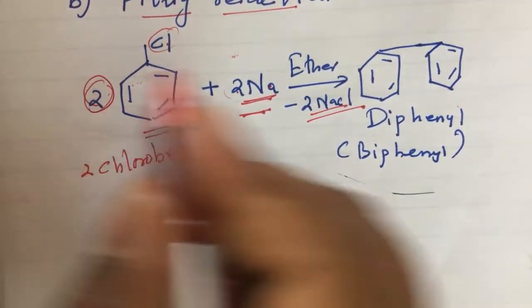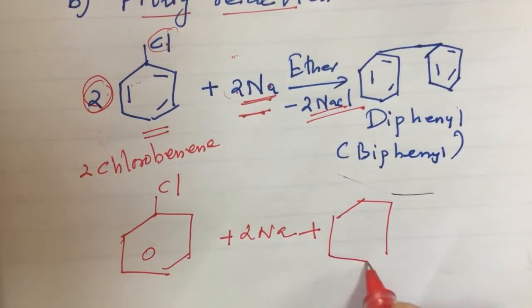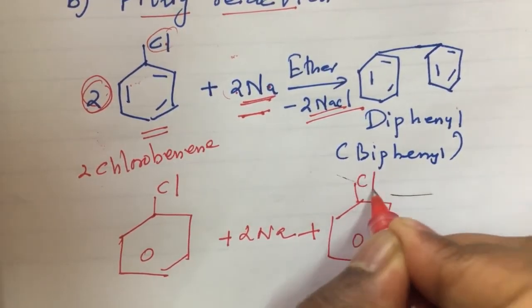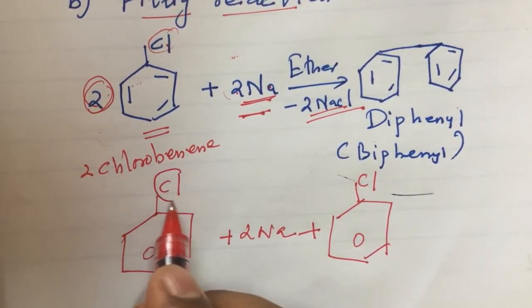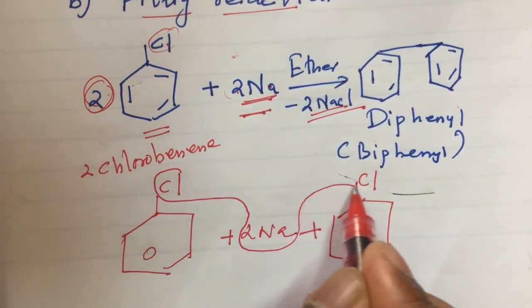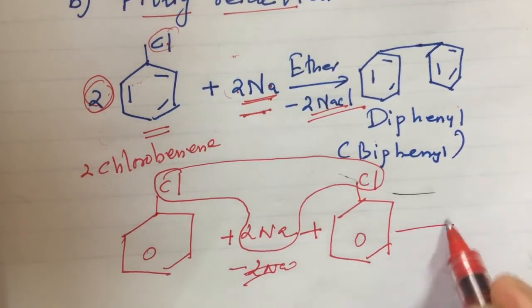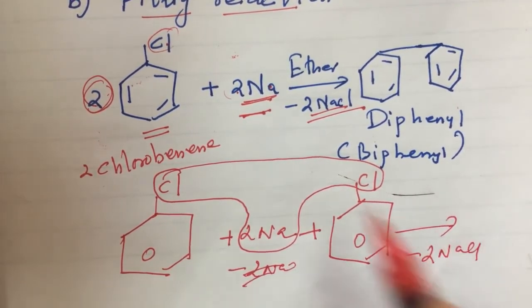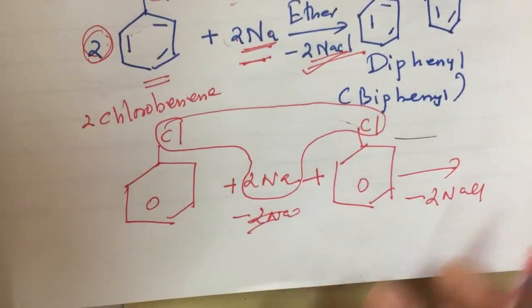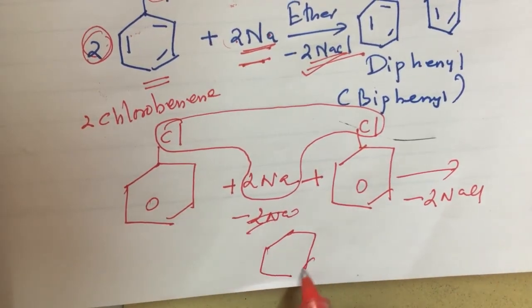There are two chlorobenzene, so write one more chlorobenzene, then minus 2NaCl. Now what is remaining? Benzene.